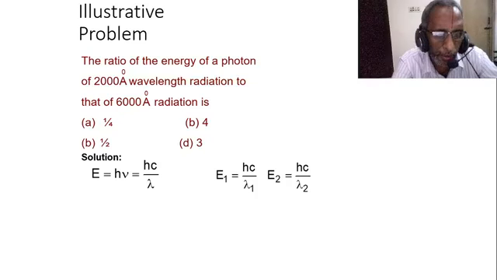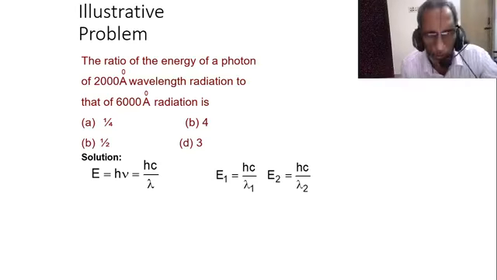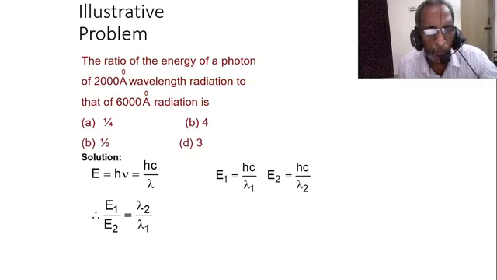The relation between energy and wavelength is E equals hc by lambda. For two different wavelengths, h is constant, c is also constant, but lambda will vary. So E1 is equal to hc by lambda 1, E2 is equal to hc by lambda 2. The ratio E1 by E2 is lambda 2 by lambda 1.